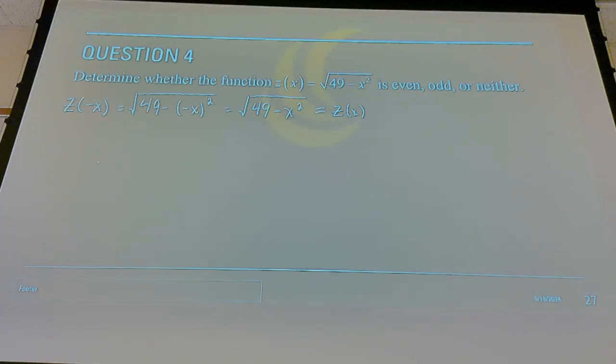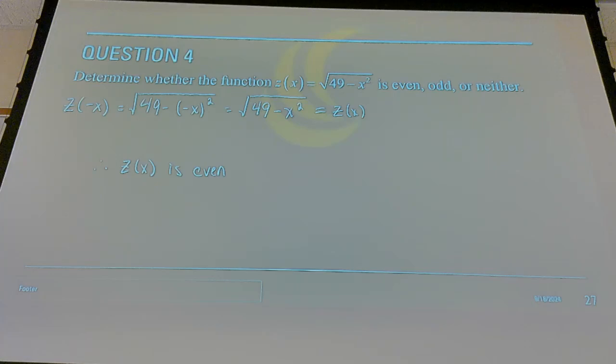Do you recognize what that curve is? What was the question? Do you recognize that curve?